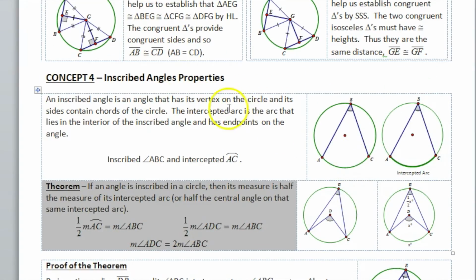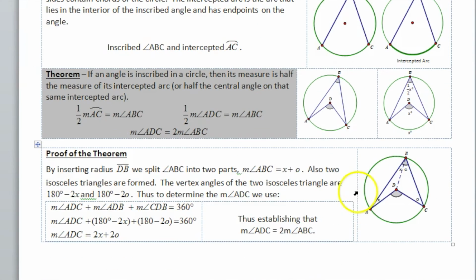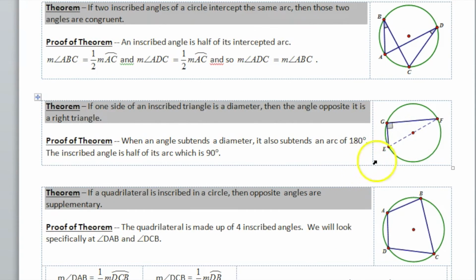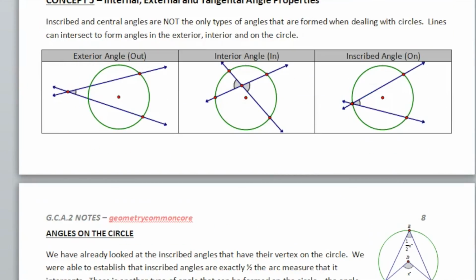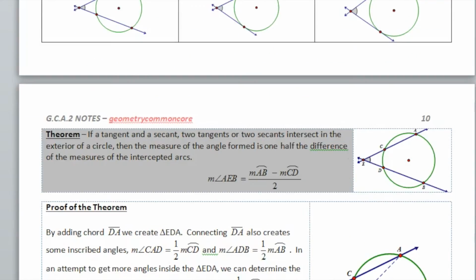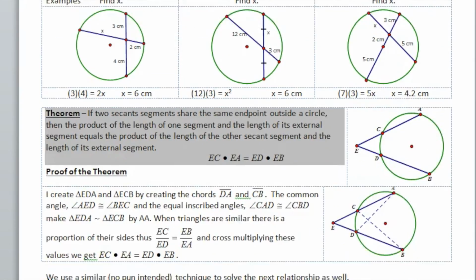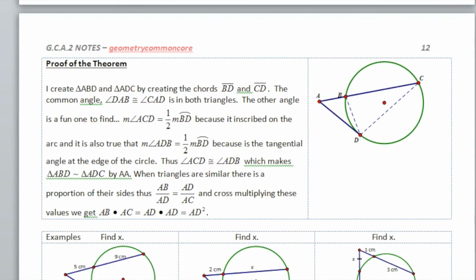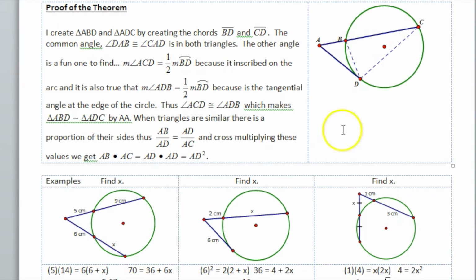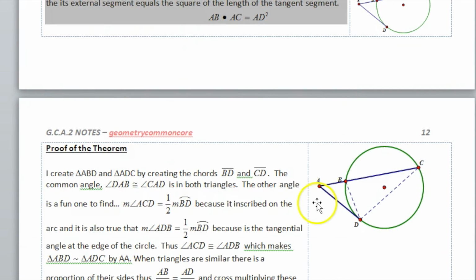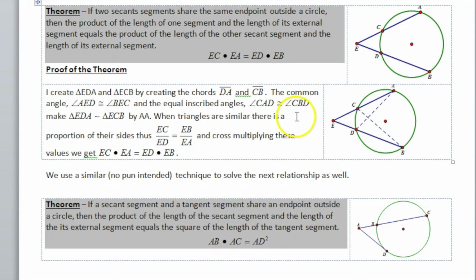This question deals with the idea of inscribed angles. It deals with being inscribed on a diameter. It deals with, let's see, also tangent secant angles. Let me get to those. Here they come. Secant tangent angles and the relationships found there. There is a lot dealing with this question, and everything is well laid out.